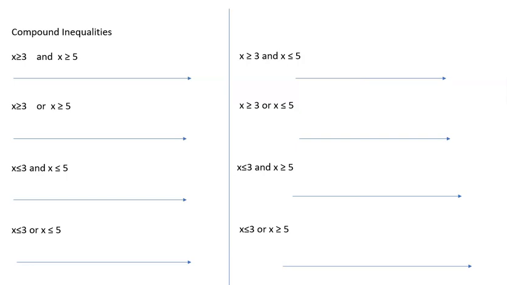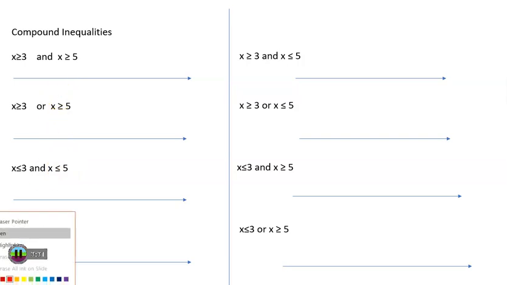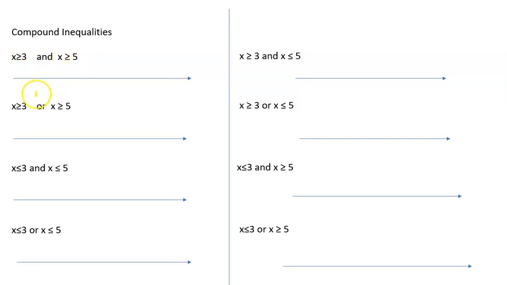And if you don't find a safe place, you may be hit by a hail or a meteor, and you may die in the game, may not survive. So we're going to use that as an example for compound inequalities. And notice in these 8 examples here, in each case, we always have 2 inequalities.